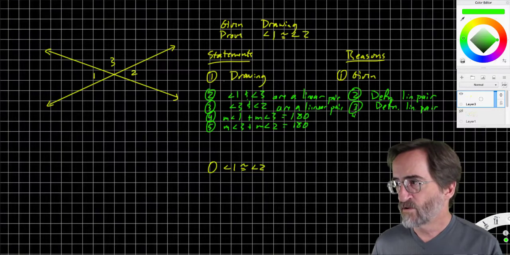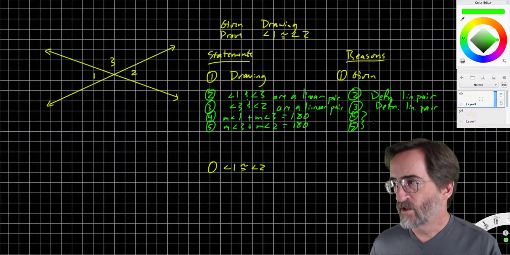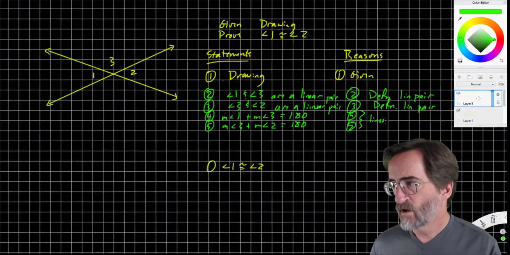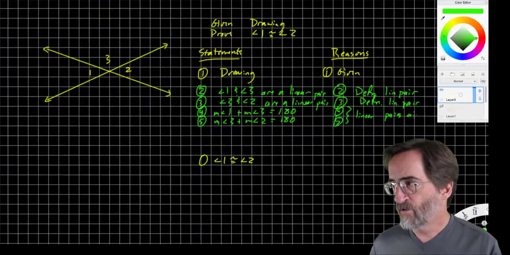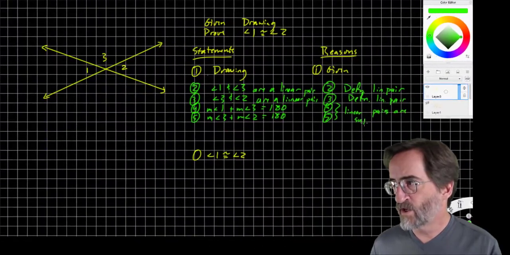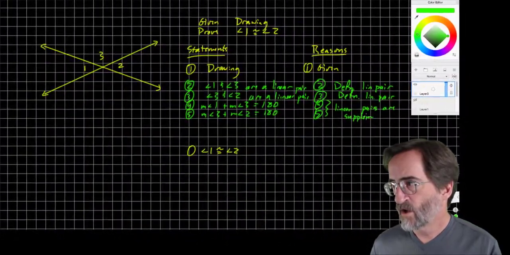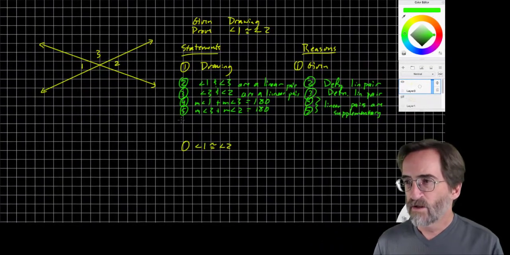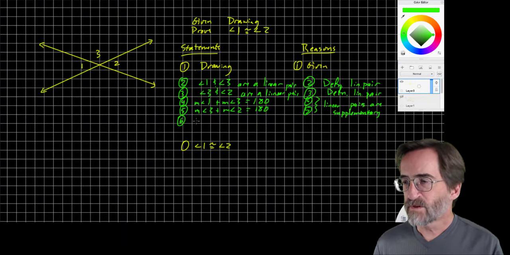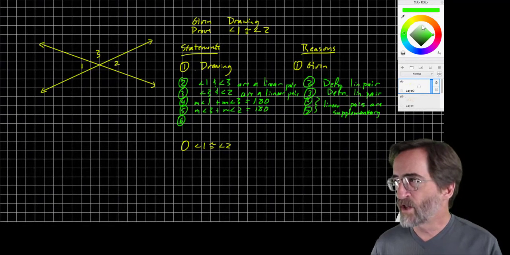The reason for 4 and 5 combined is linear pairs are supplementary. That means they add to 180. Okay, line 6.